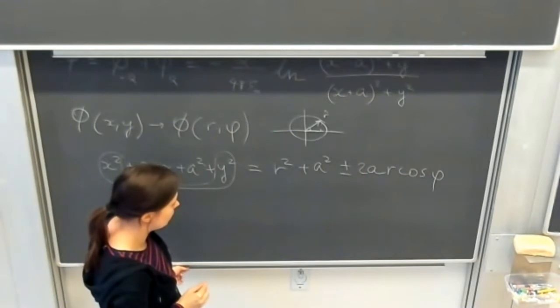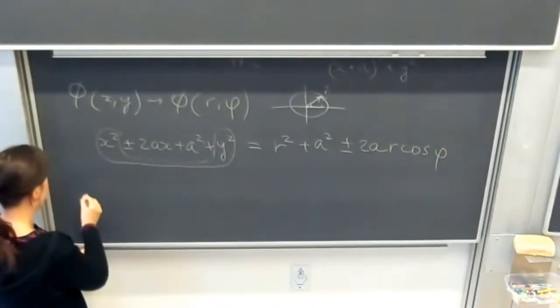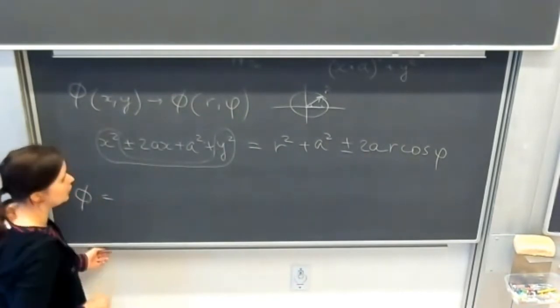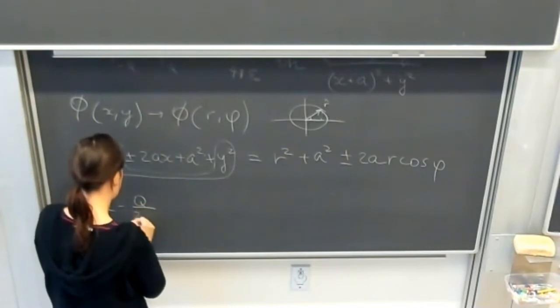Now I will write the scalar potential in cylindrical coordinates and continue.